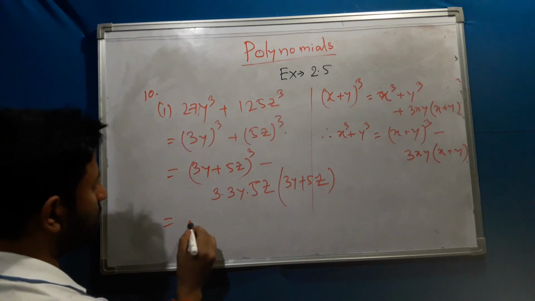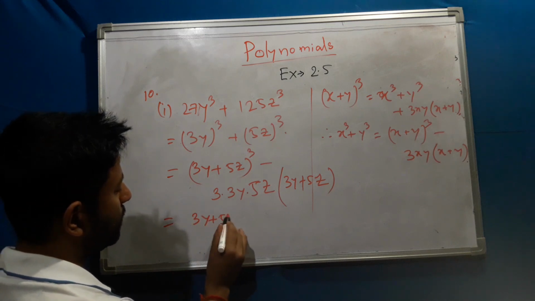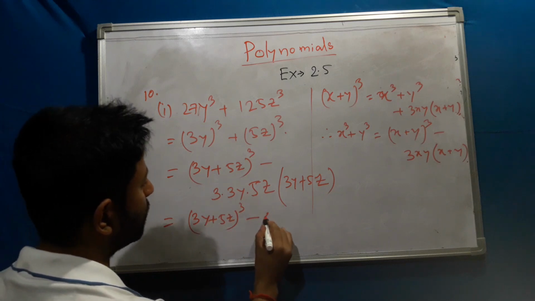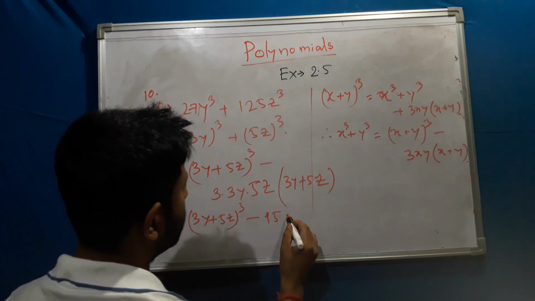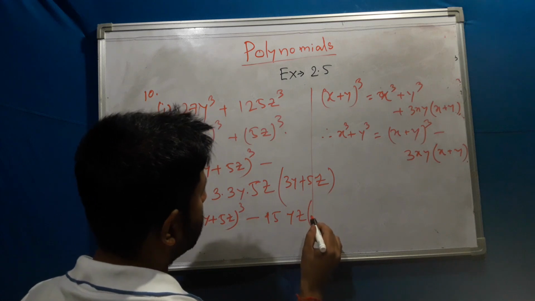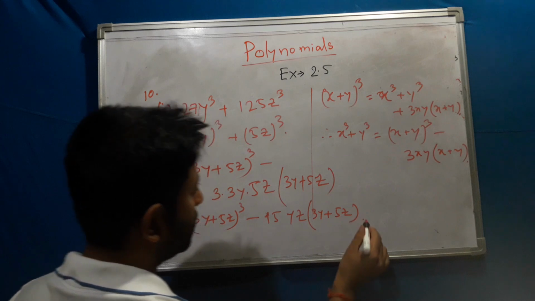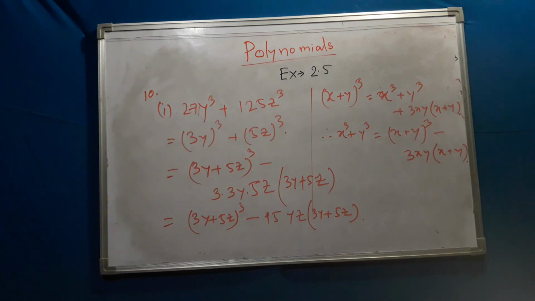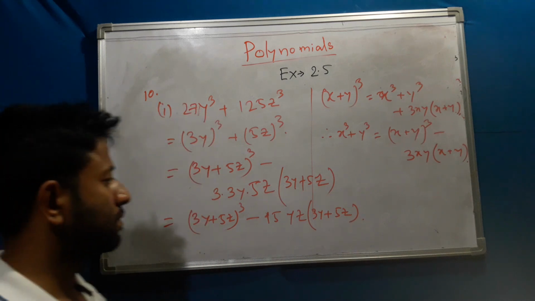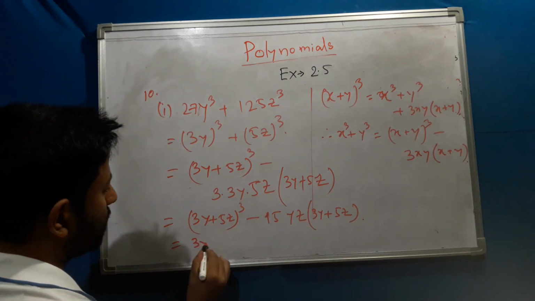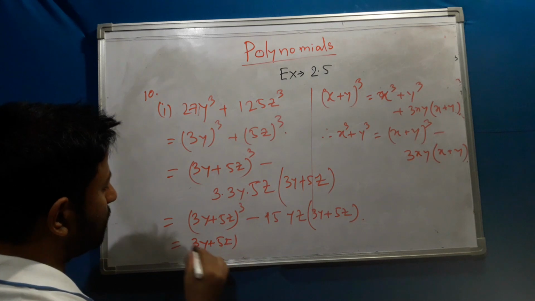So what will be this result? 3y plus 5z whole cube minus 3 fives are 45, 45yz into 3y plus 5z. Then you can multiply this one also, 3y plus 5z, or you can keep it in this way.